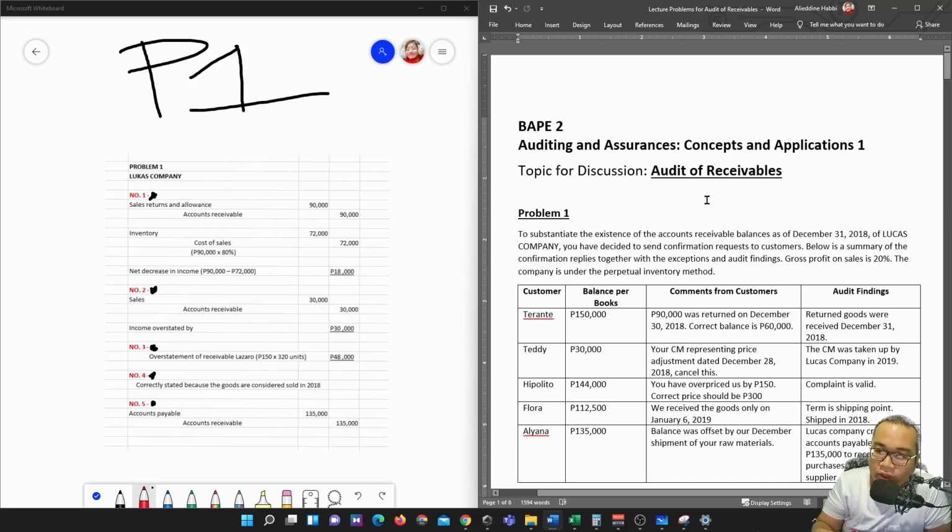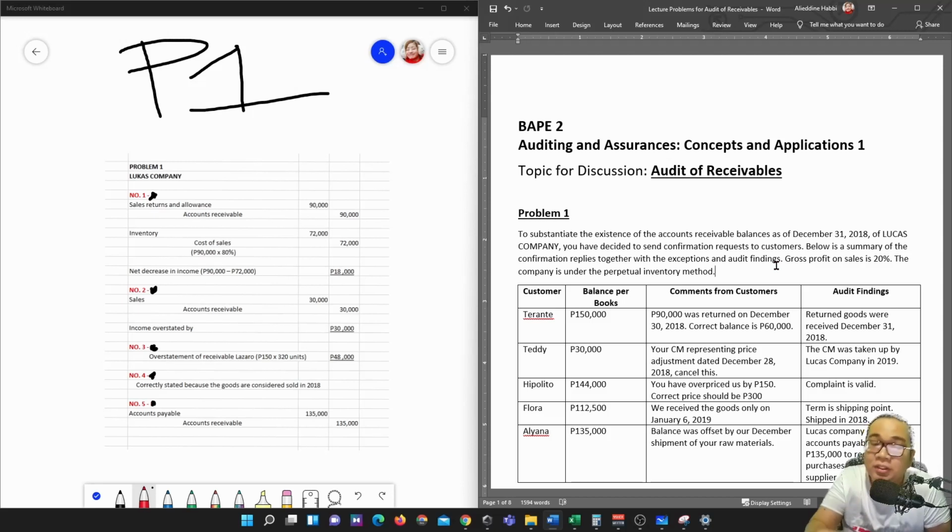Mag-present ka lang ng confirmation letter kay customer asking, Oy, Poncio Pilato, totoo bang yung utang mo, kasi customer to, so accounts payable yan para sa kanya, pero para kay client, Lucas Company, that is a receivable, di ba? Kasi sabi natin, baliktad lang silang dalawa. So tatanungin mo si customer, Poncio Pilato, totoo bang may utang ka kay Lucas Company in the amount of 150,000 pesos?